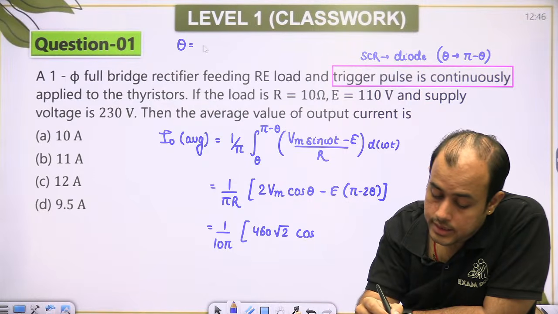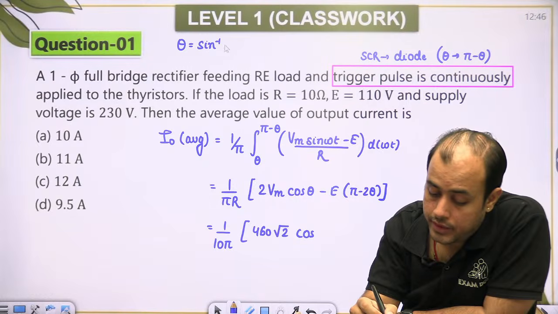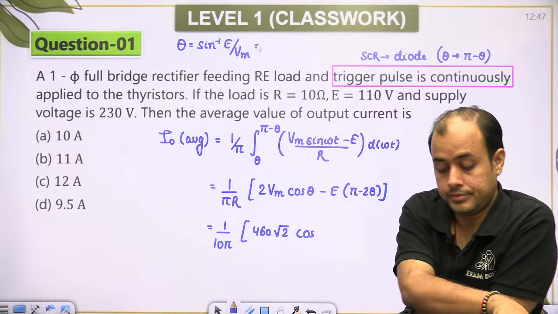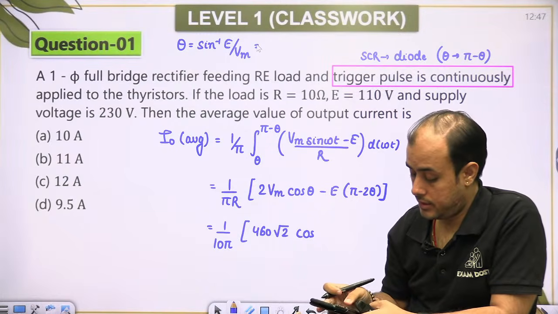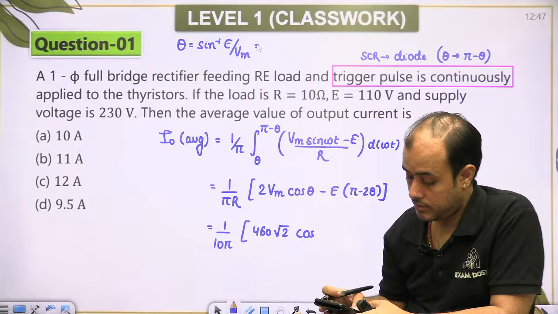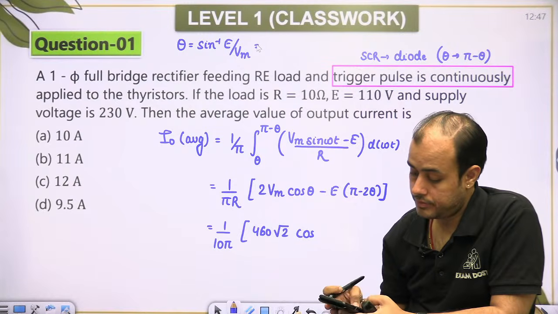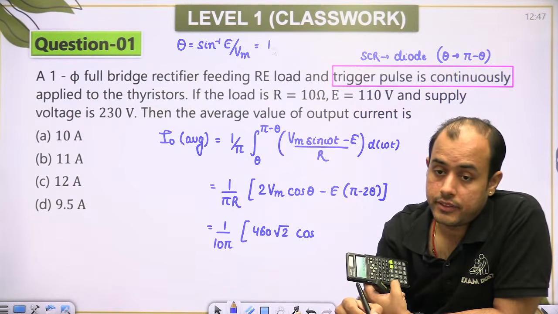Now theta is sine inverse E by Vm, sine inverse 110 by 230, 19.7.